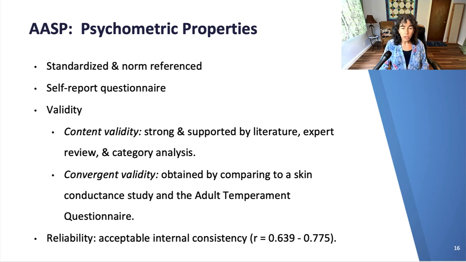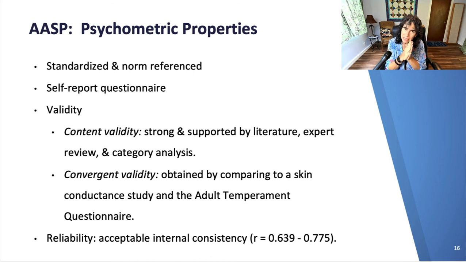There's also convergent validity, which is obtained by comparing to other tests. So convergent validity means, okay, the AASP says it measures sensory processing, and the adult temperament questionnaire and a skin conductance study also say they measure sensory processing, and the AASP agrees with what these other tools have said, right?